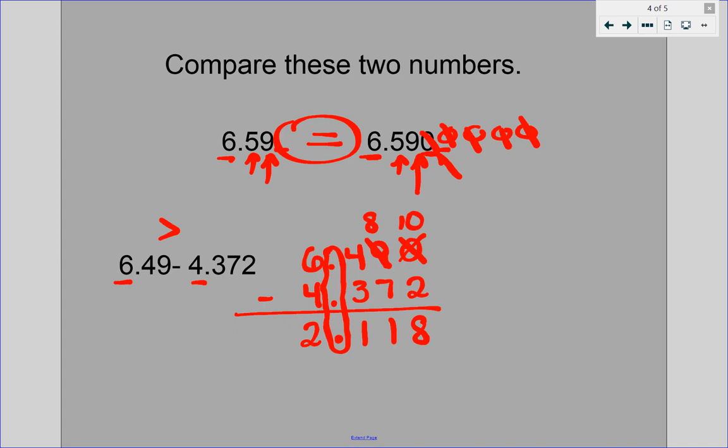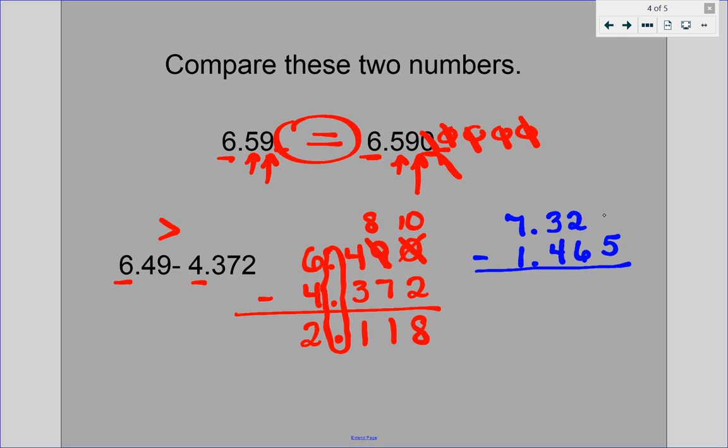Okay? Let's try another problem like that. If we had 7.32 minus 1.465. All right, we have one like that.